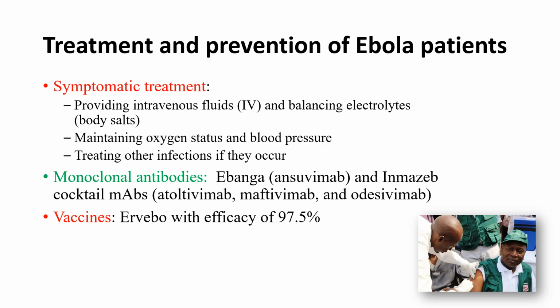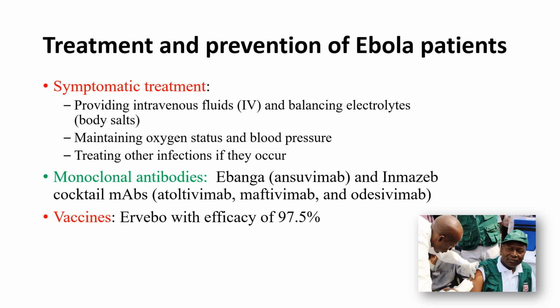The other approved drug is made actually of a cocktail of monoclonal antibodies. It's called Nmazeb. It's made of 3 monoclonal antibodies, Atolotivimab, Maftivimab, and Odicivimab. I don't want you to memorize the monoclonal antibodies names included in each of these drugs.